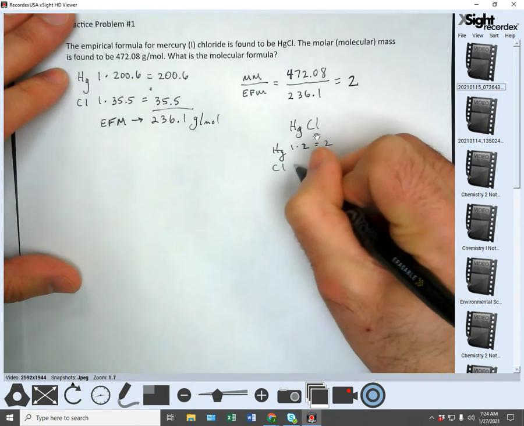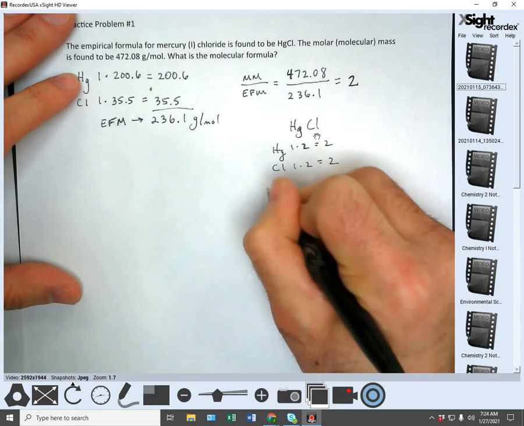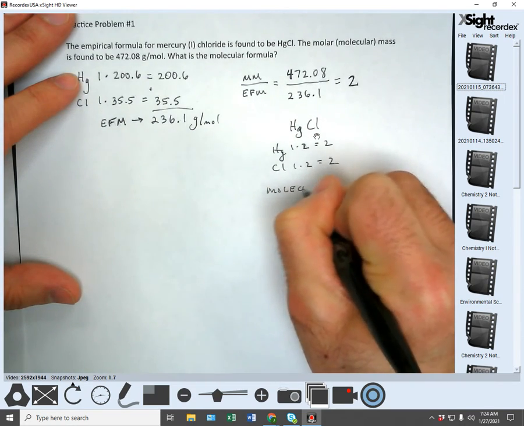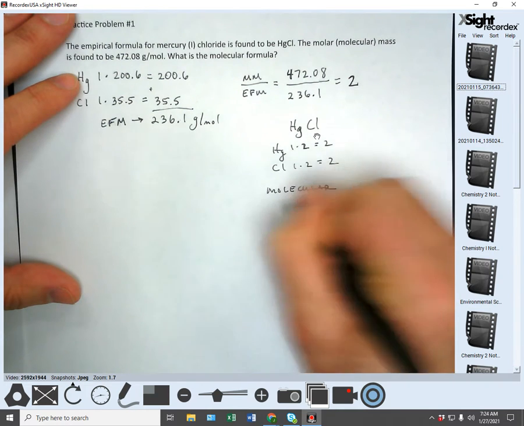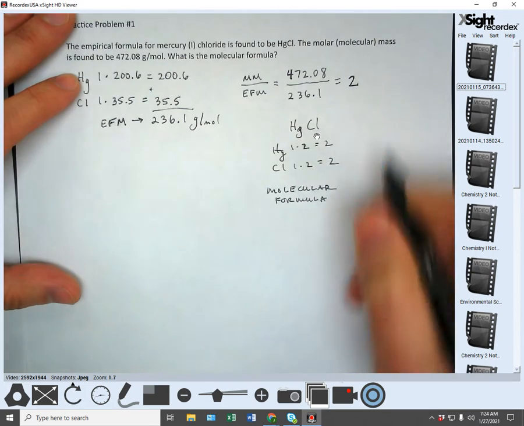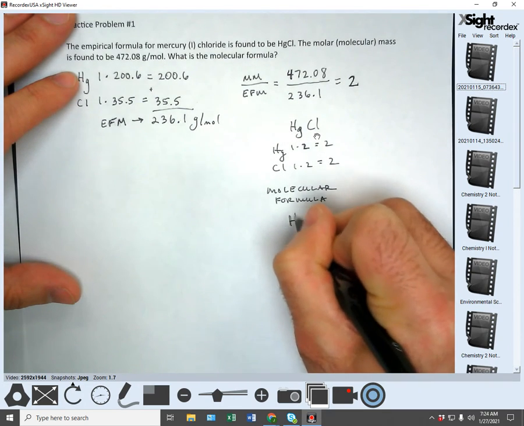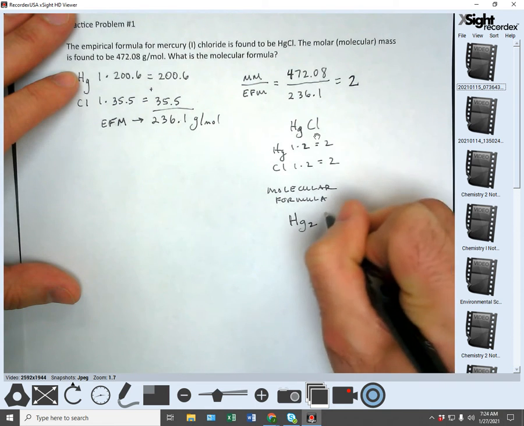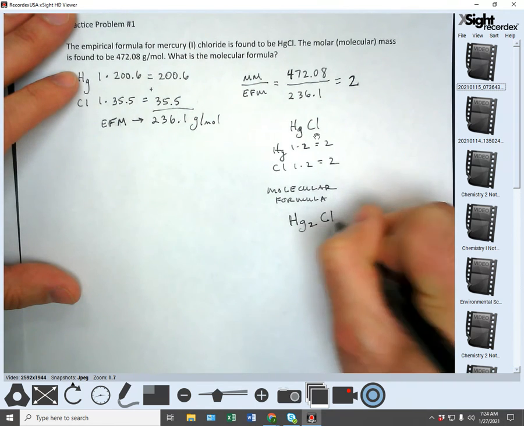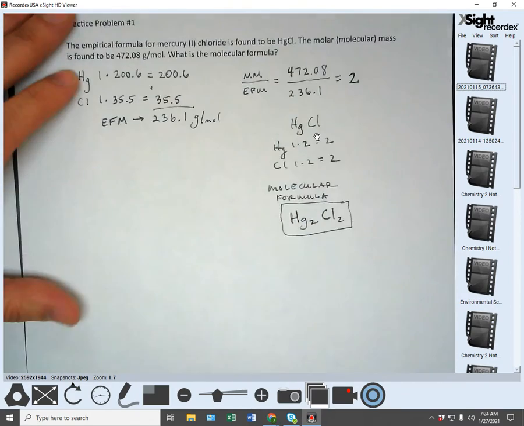Chlorine, 1 times 2 is 2. So our molecular formula is Hg2Cl2.